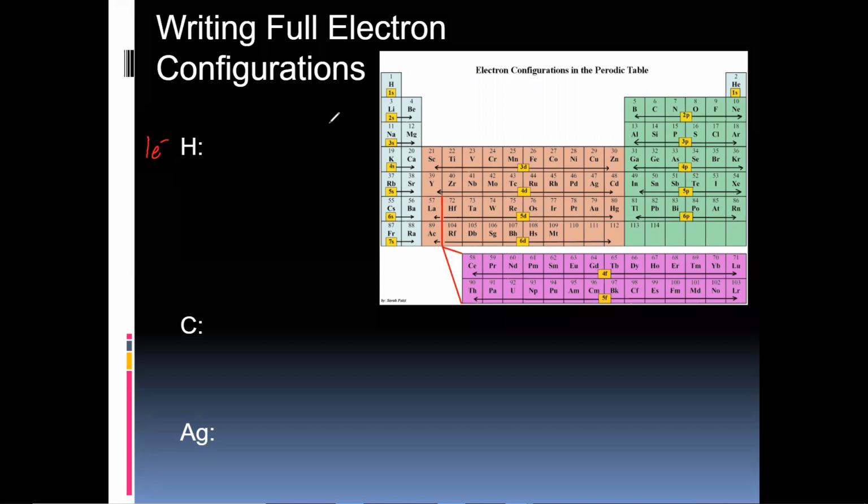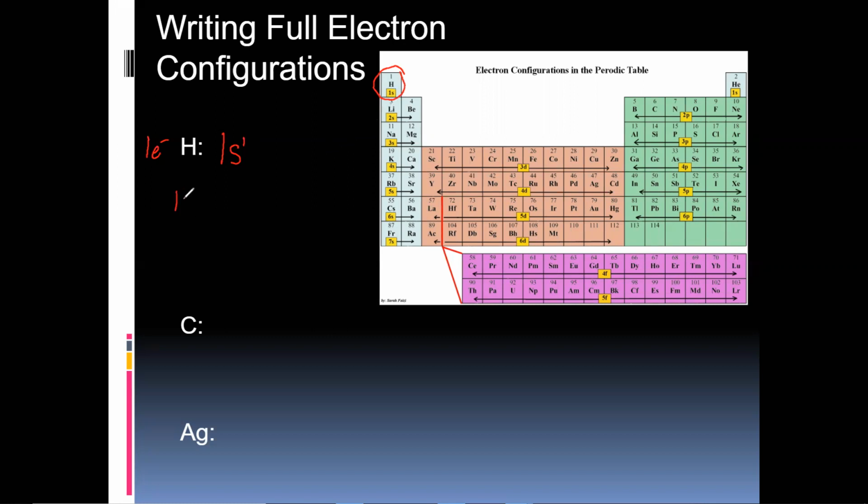So to represent what quantum number, what orbital, and what electron number it is, we write down all of that information. So you see hydrogen here, and hydrogen is in that 1s orbital space. So you're going to write 1 and s first and foremost. And it has 1 electron, so we put a little 1 exponent there, and that's it, because it's the first one. Okay, so that's pretty easy.